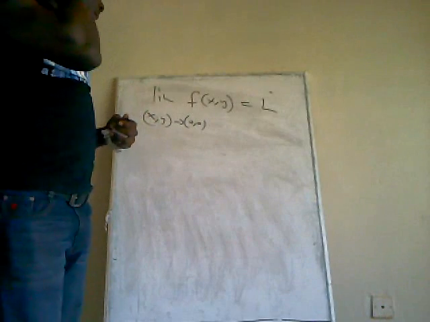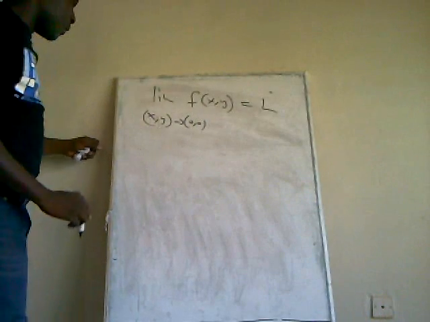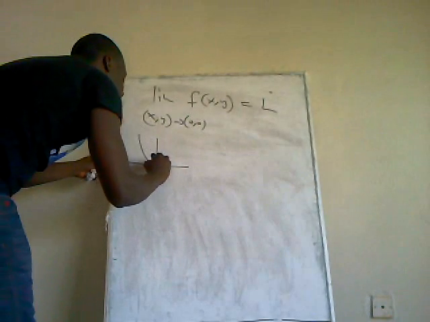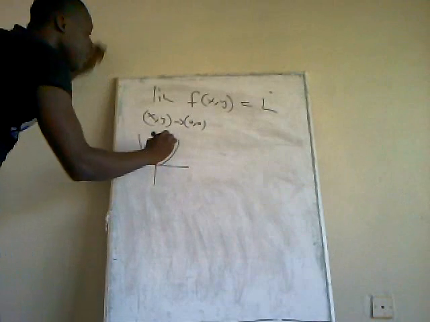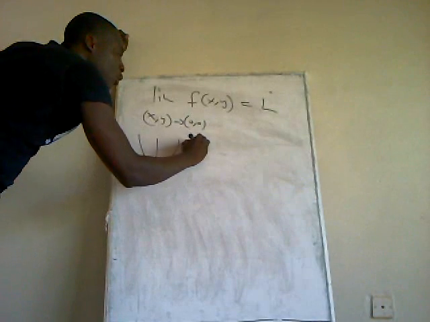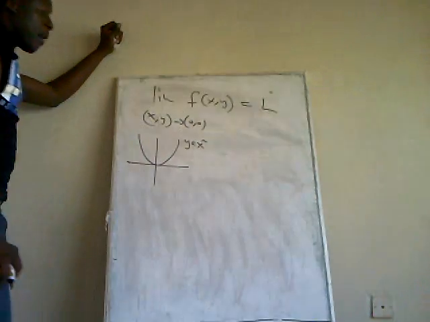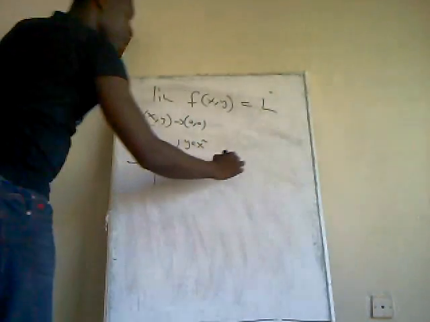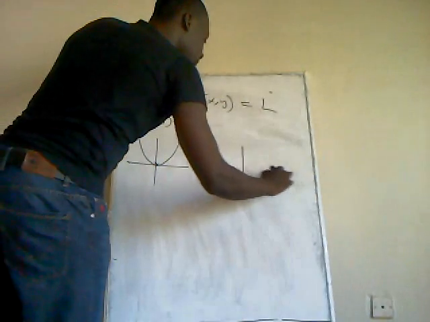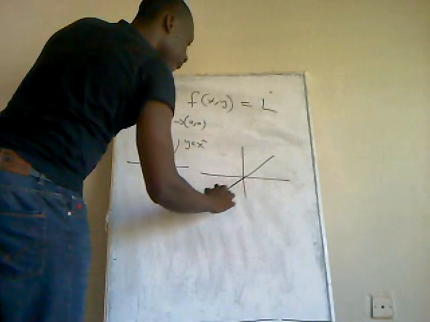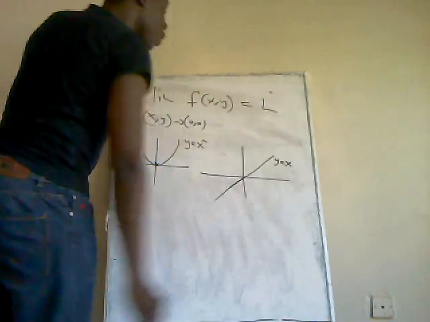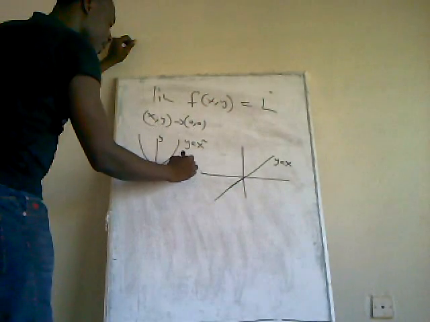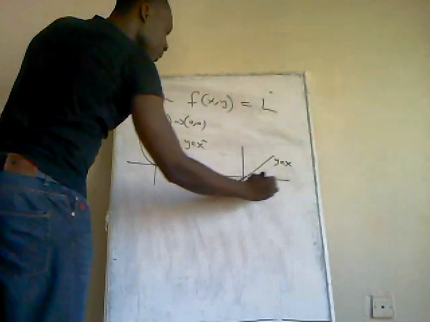Okay, now let's look at some of the lines that pass through the point 0, 0. The curve y equals x squared passes through the point 0, 0. y equals x also passes through the point 0, 0, where here is x and here is y.